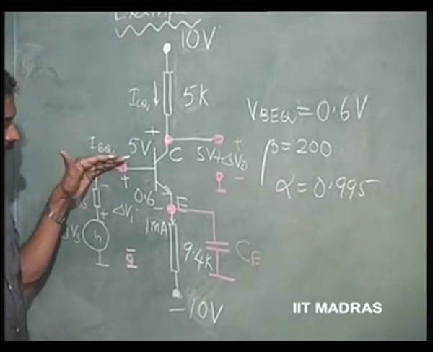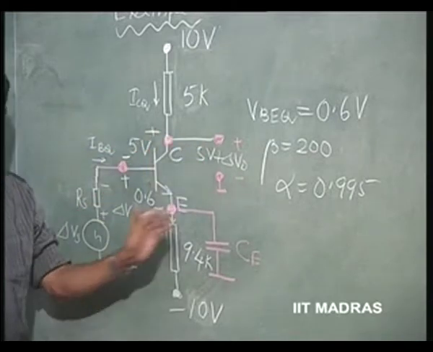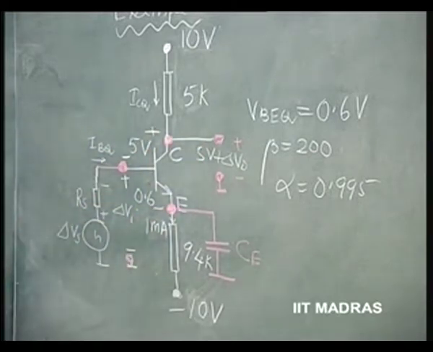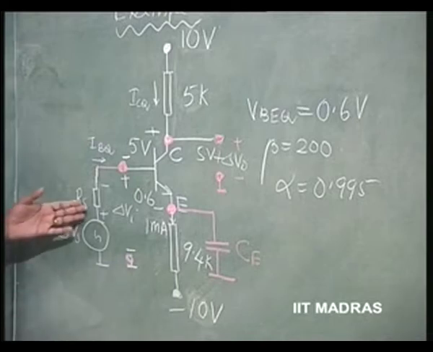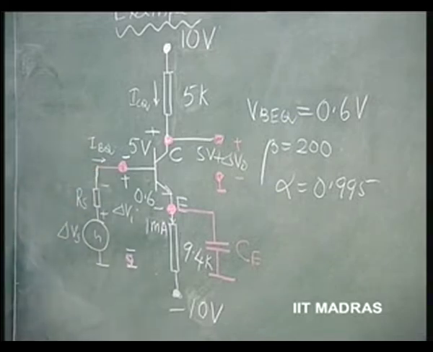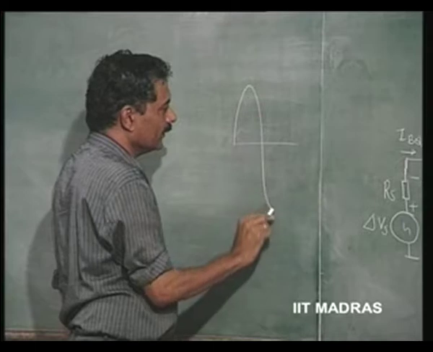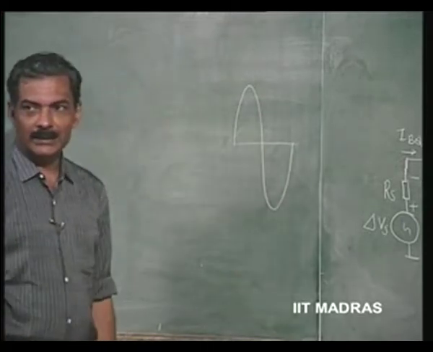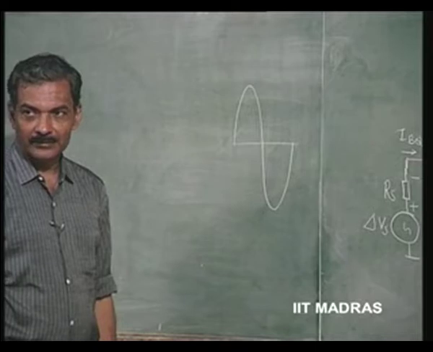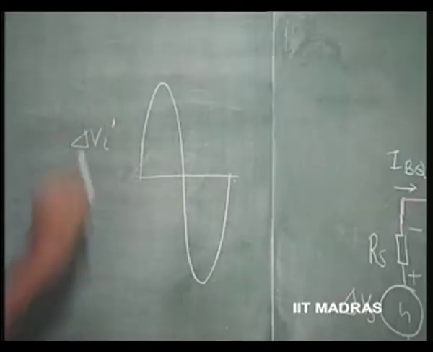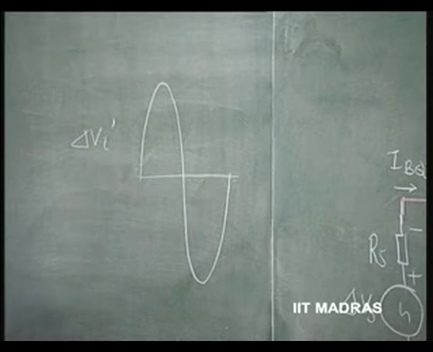If this voltage increases by some amount, this voltage will decrease. Let us assume that this is a sine wave. So, this point is very nearly at about 1 to 2 millivolts quiescent, that we have found out, for RS of the order of kilo ohms. It is very nearly at ground potential, and then it is going to change in this manner. This is the delta Vi. So, delta V naught is going to be about 191 times delta Vi, but with a negative sign.